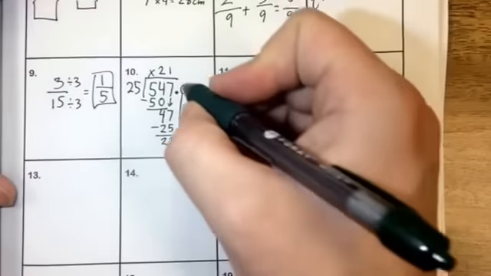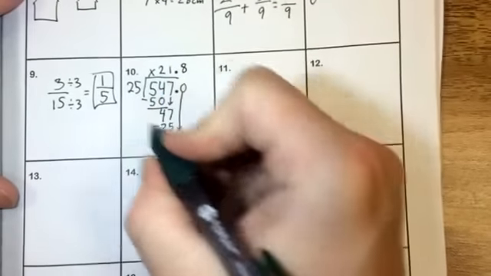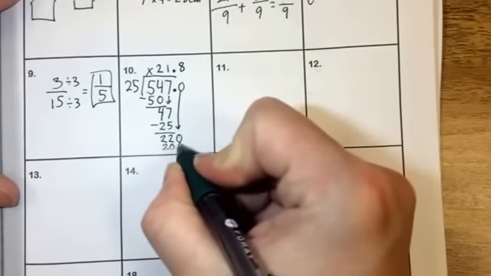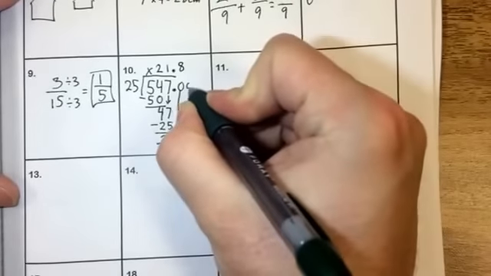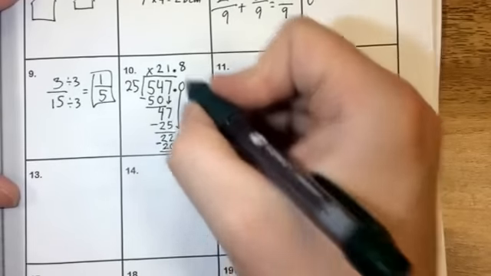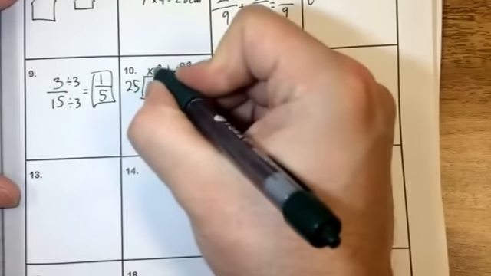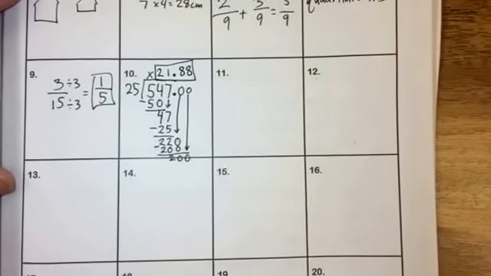That's about as close as I'm going to get. So I'm going to bring my decimal up into my answer. 8 times 25 is 200. That's going to leave me with 20. I'm going to bring down another 0, and 25 can go into 200 8 times as well. So that's going to leave us with 21 and 88 hundredths as our final answer.